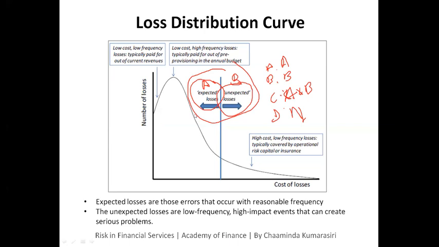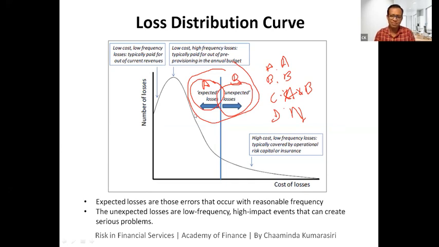You're preparing for it. How do you prepare? By taking mitigation measures. Expected losses. If you expect the losses will take place, what do you do? Keep a provision. You provide for it, right?